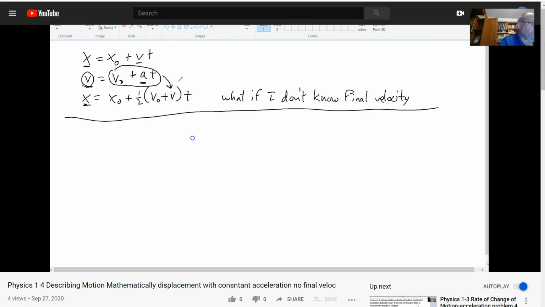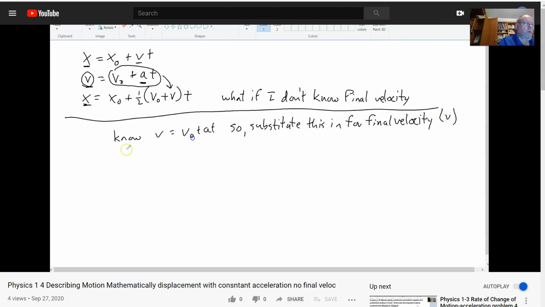Okay, so what we're going to say is we know V equals V0 plus AT, so substitute this in for final velocity, or V, in the displacement with constant acceleration formula.